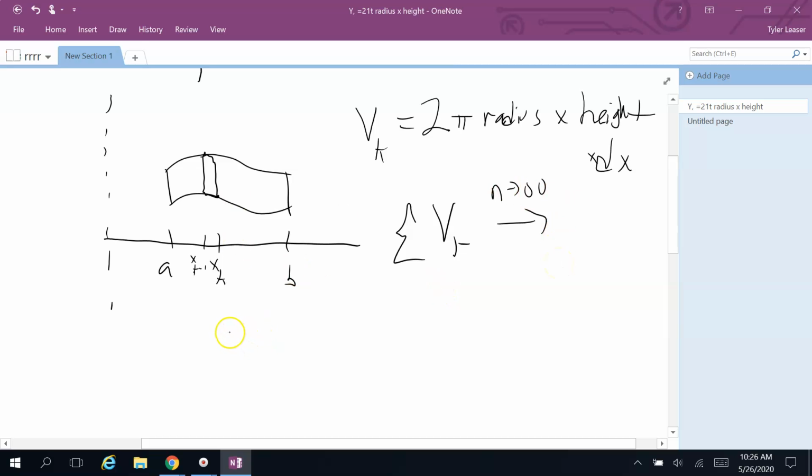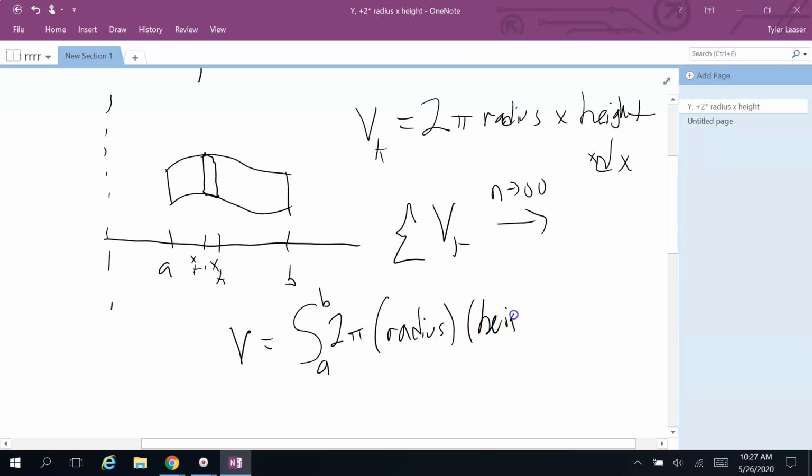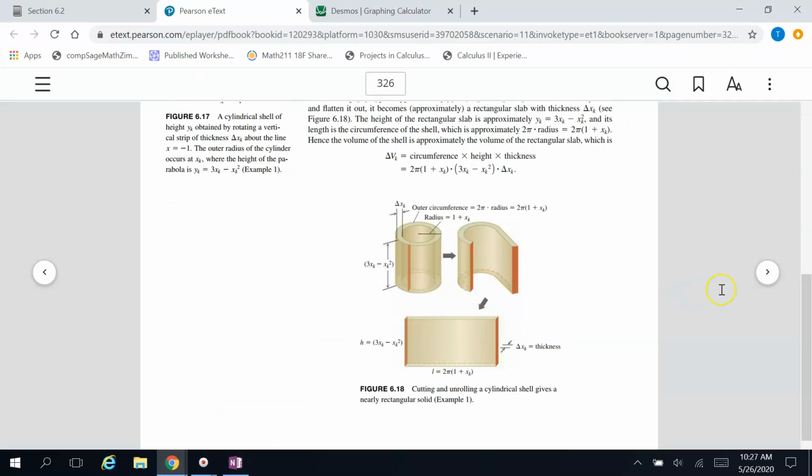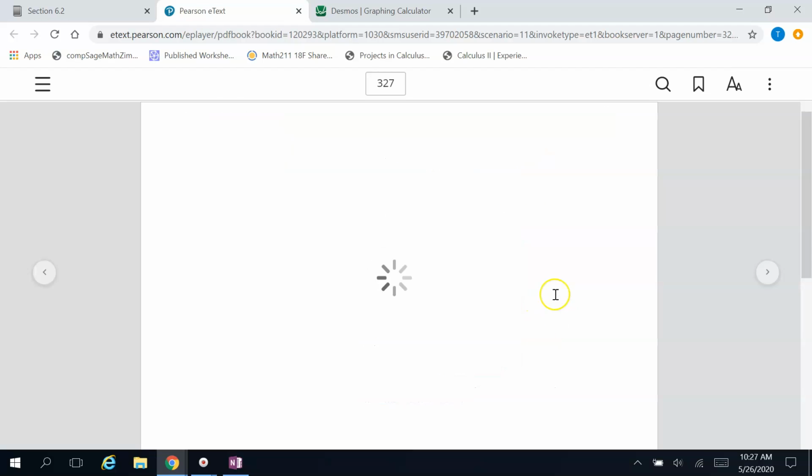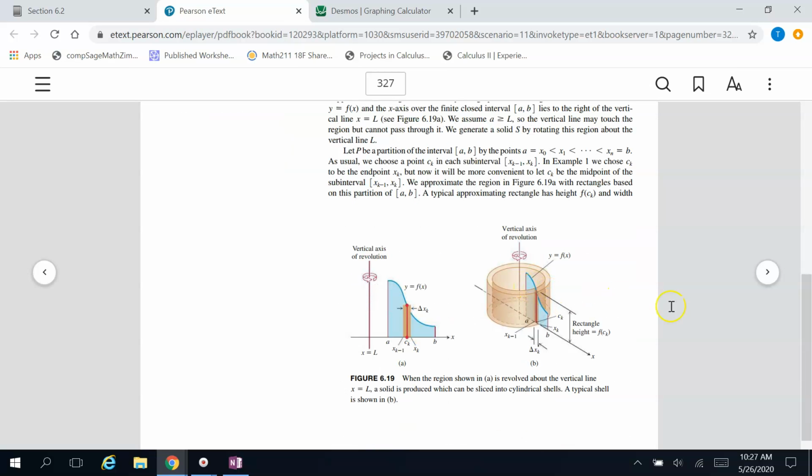With cylindrical shells, the total volume is the integral from a to b of 2 pi times the radius of your shell times the height of your shell times dx. I'm going to go over to the book here because my handwriting is really awful and they have a better way of writing it out.